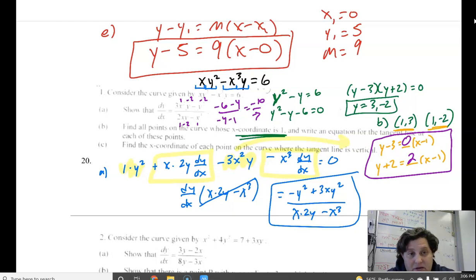Find the x-coordinate of each point on the curve where the tangent line is vertical. A tangent line being vertical means that the bottom equals 0. So it's going to be all the coordinates on the point where that equals 0.